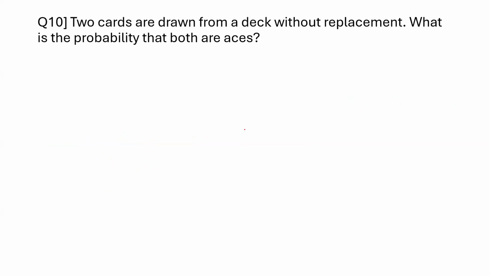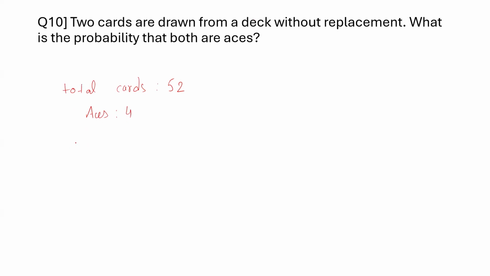Two cards are drawn from a deck without replacement. Okay, got it? So one card and then the other card, consecutive probabilities. What is the probability that both cards are aces? Okay, how many aces are there? Total cards, let me start with total cards. You know that. Total cards we have 52. Aces, we have 4 aces, right?